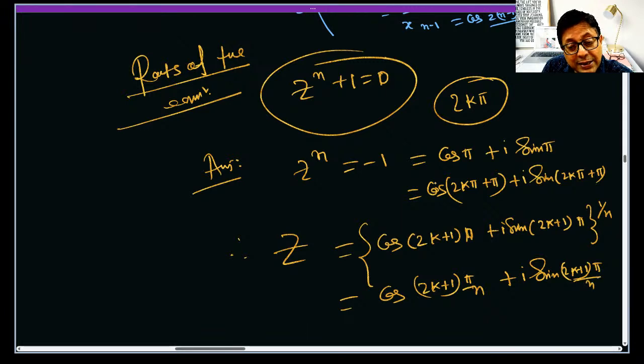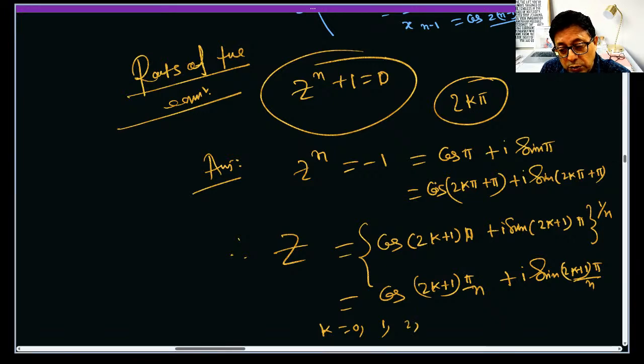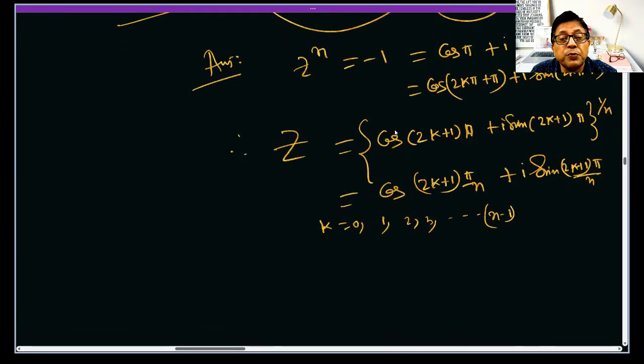What are the values of k here? That k will be the same: 0, 1, 2, 3 up to n minus 1. It has beautiful geometrical application also that I will discuss definitely, but wait for that. Know the application of de Moivre's theorem only. So it is used to find the root of an equation.